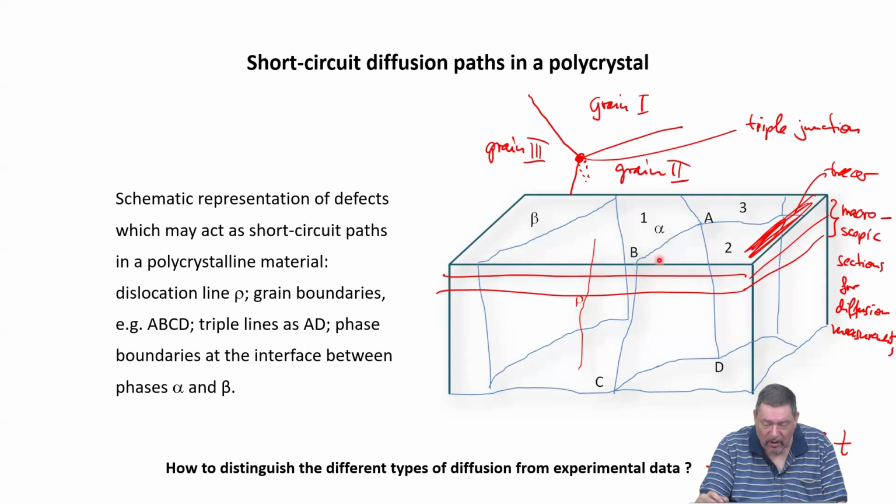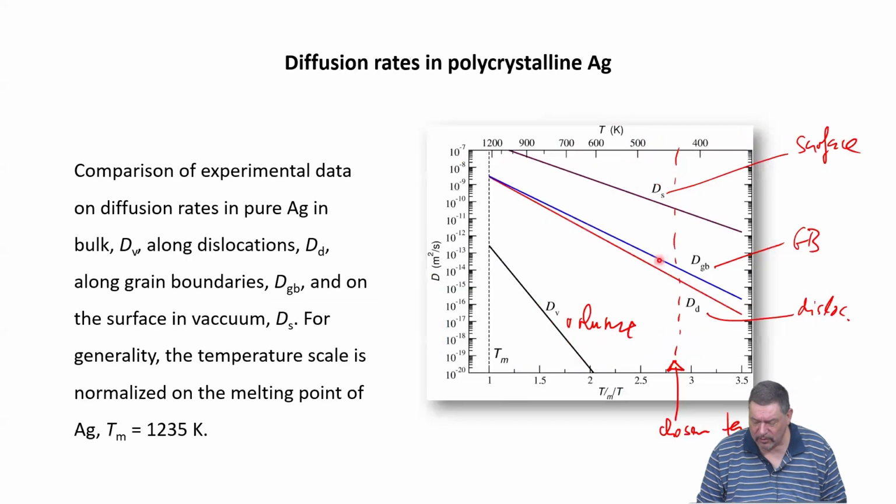And this is why all of these processes contribute in principle at the same time. But the good thing is, because of this dependence, we take out the surface, so we don't need to worry about surface diffusion. We are at temperatures maybe that are too low and the times for diffusion annealing too short. So volume diffusion cannot contribute because the effective diffusion distance would be one lattice constant or so.